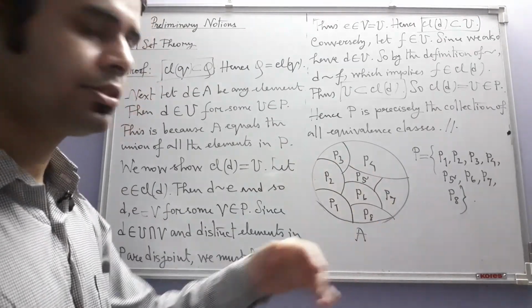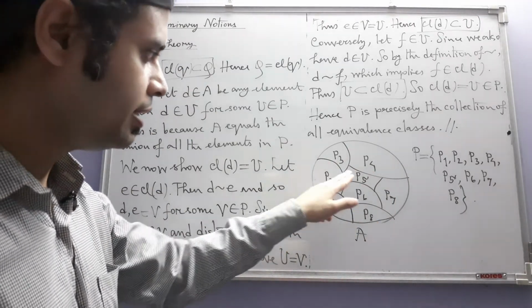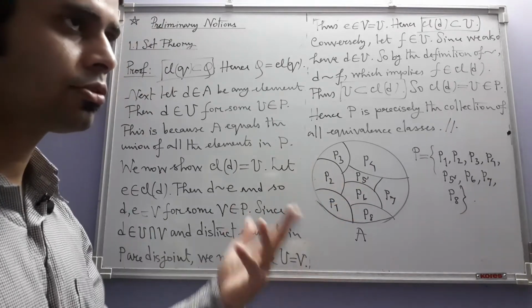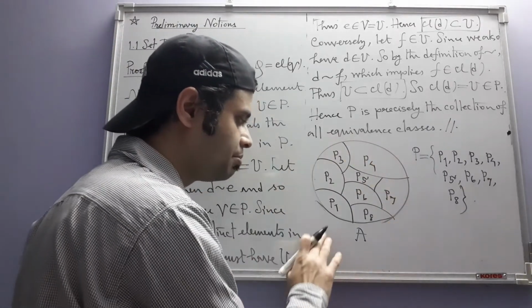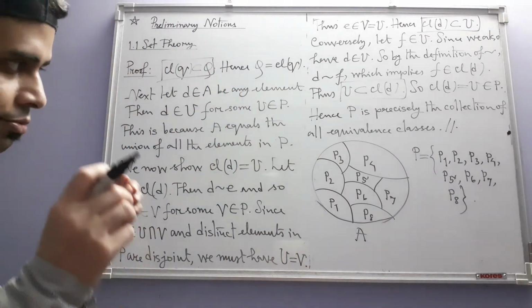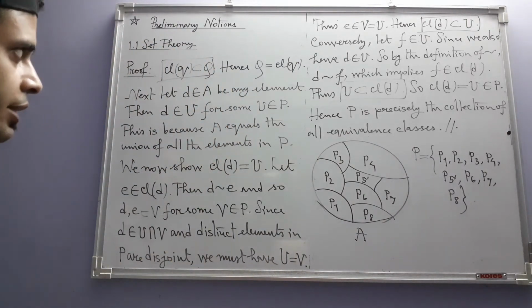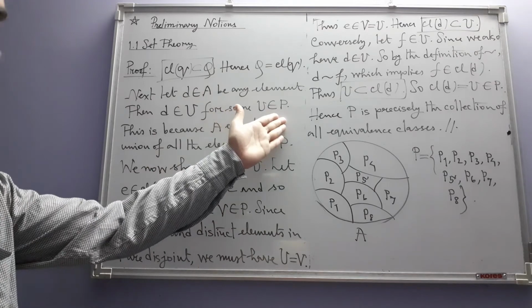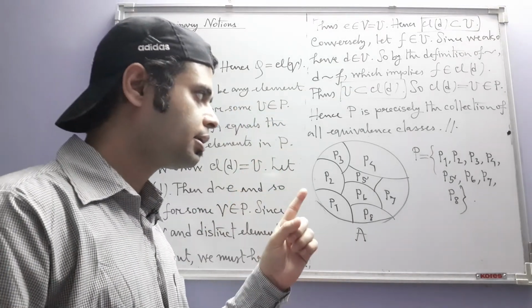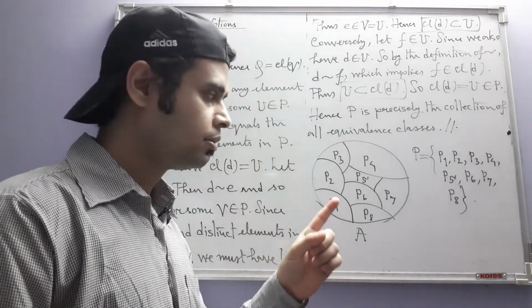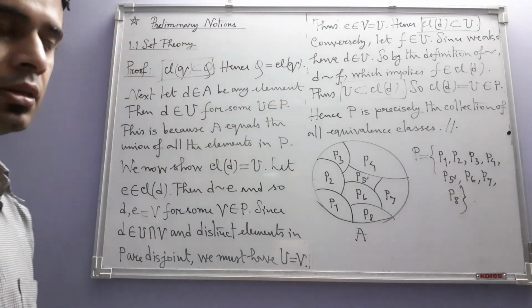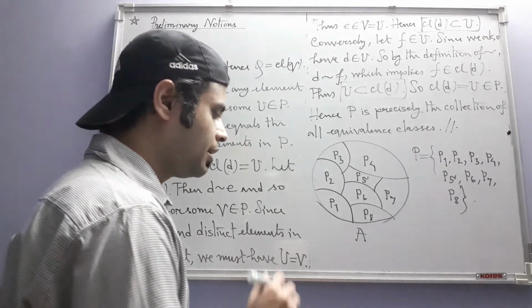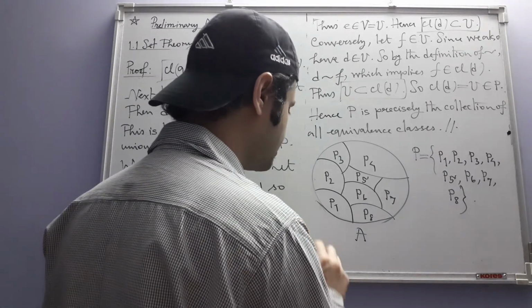The properties of this collection P are this. Each Pi is non-empty. Any two Pi's you take, there is no common element, they are disjoint. And the union of all the Pi's is A. If such a collection is given, that's what we had here, P, then we can define an equivalence relation for which these are the equivalence classes, and the equivalence relation that we have defined for this purpose is just this.